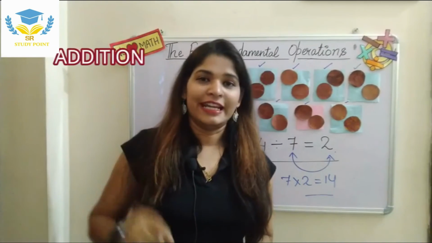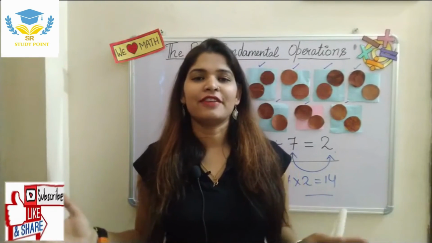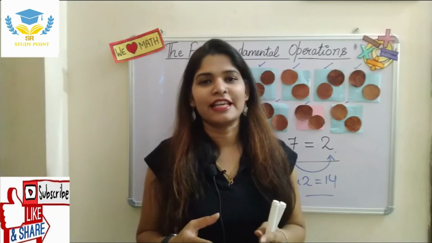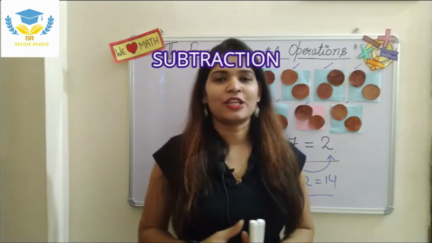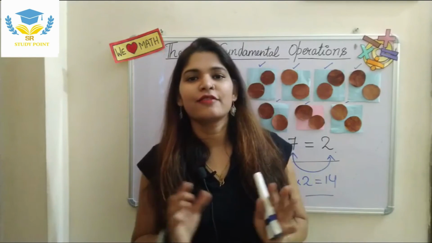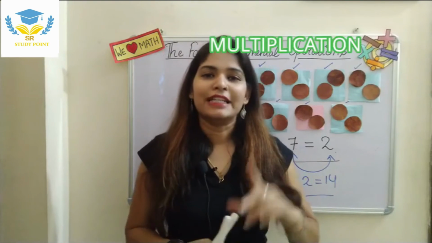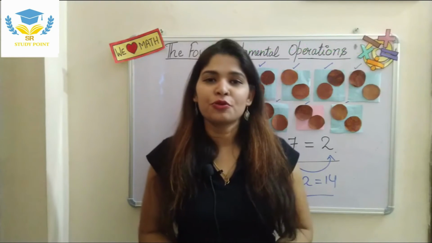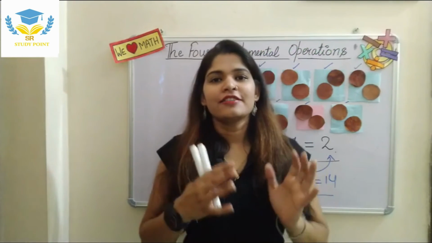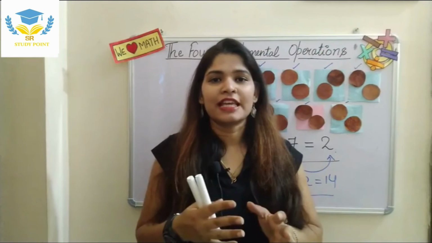So children, quickly recall all the operations again. First operation is addition. Addition means when we are putting together the things. Second one is subtraction. Subtraction means reducing or removing things from a given group. Multiplication is also known as repeated addition. That means we are adding several numbers of the same thing together.